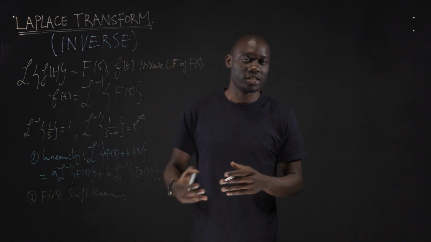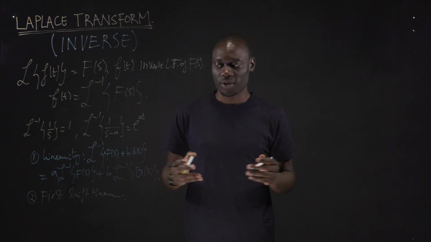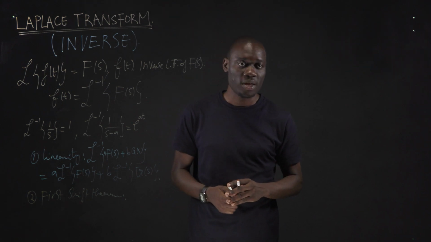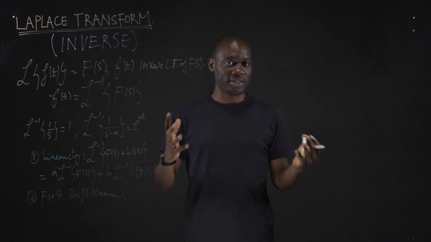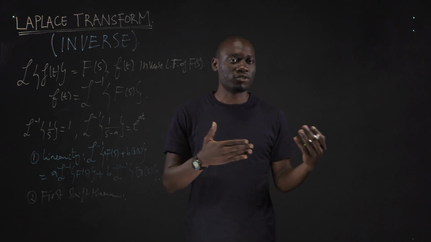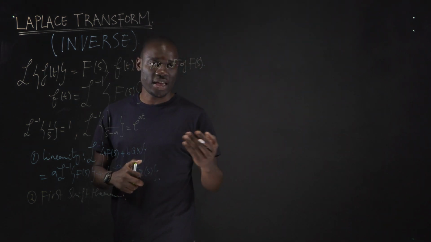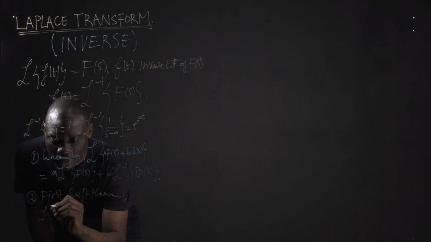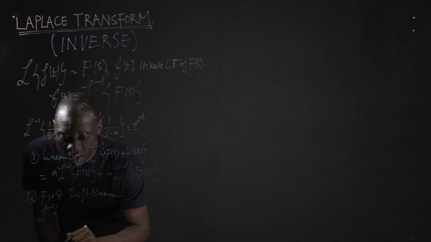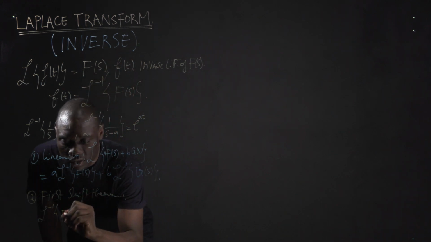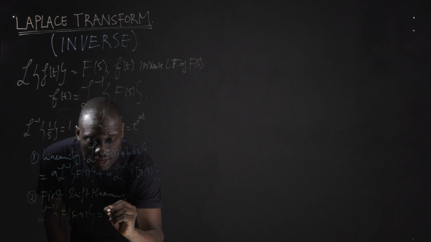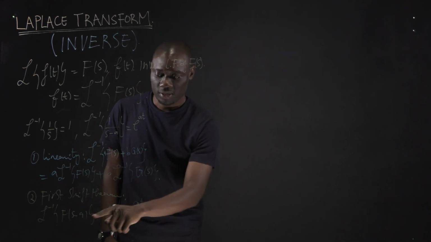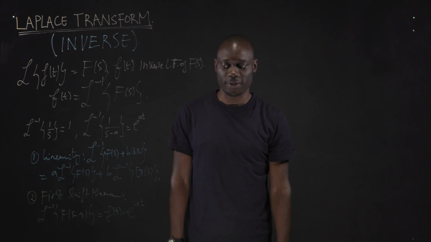As we saw previously in the Laplace transform, it will have a similar application on the inverse Laplace transform, such that if F of s is the Laplace transform of f of t, and s is greater than a and greater than 0, then the inverse of F of s minus a will be equal to f of t times exponential e to the at.